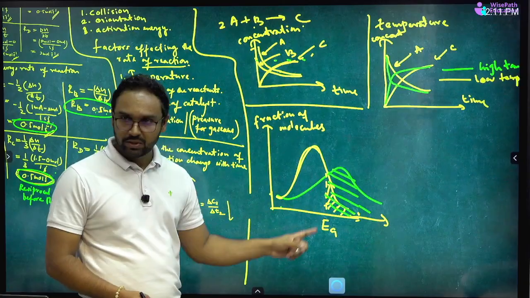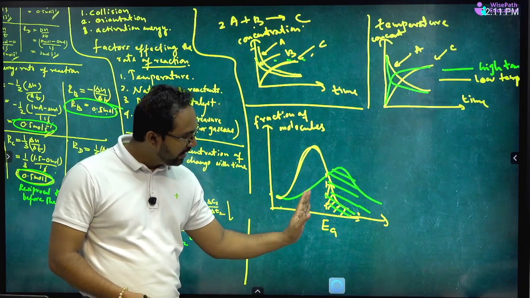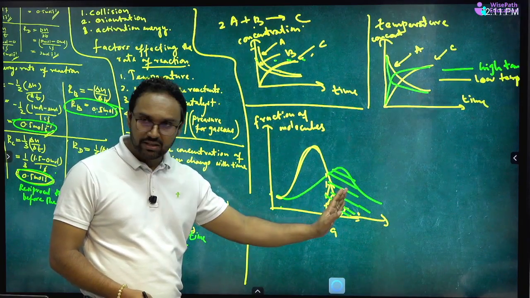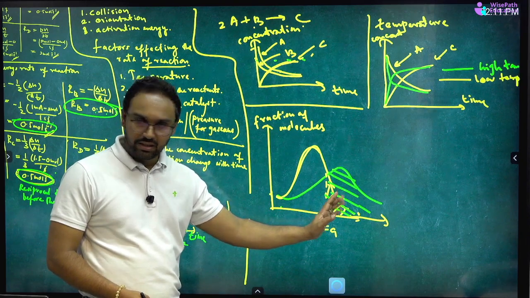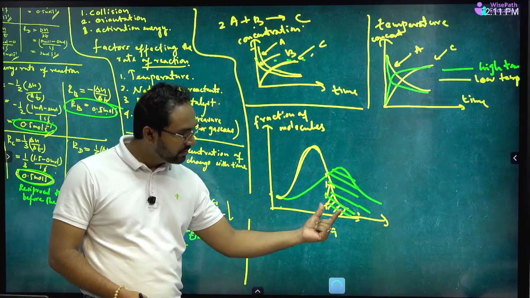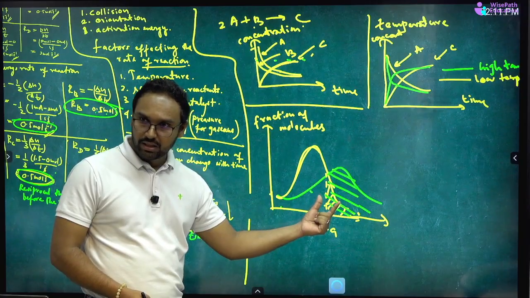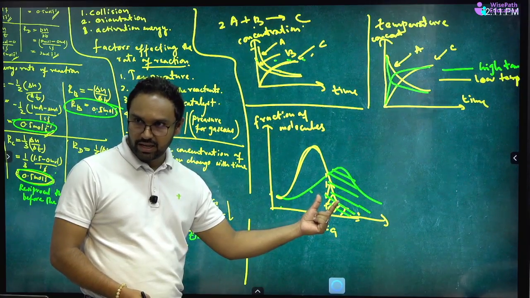Activation energy is here, right? And the molecules which have overcome the activation energy are now reacting. So the area of this yellow part is the number of molecules that are reacting.